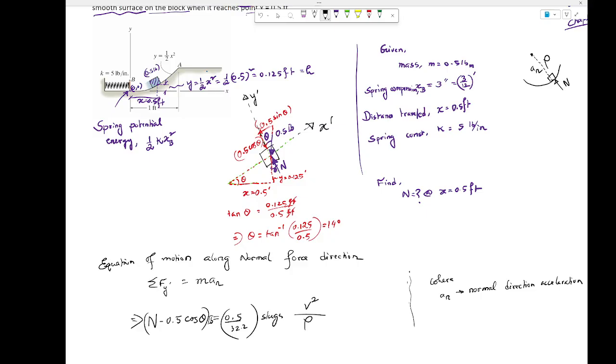Okay, that's the a_n. Then this rho is the radius of curvature. This rho is called the radius of curvature. Now I'm going to give you the equation shortly.